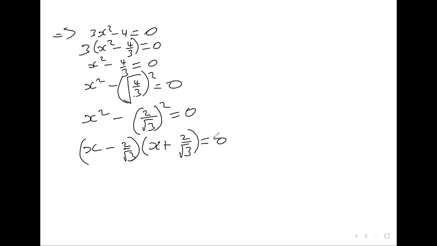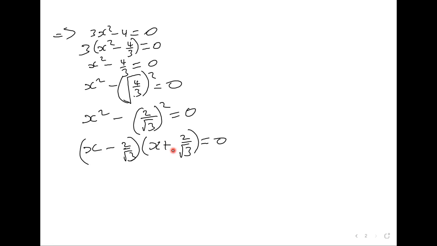Now, the product of these two linear factors is 0. It implies that either this is 0 or this is 0 or both are zeros, because you can't multiply non-zero terms and get a 0. One of them must be 0.